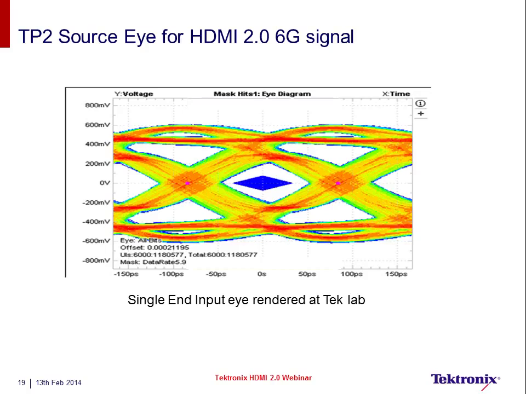The reason for that is we are performing the eye diagram test at the TP2 point with an equalizer in place, and there is no point in having the top and bottom mask because a signal which has a bit of pre-emphasis would get amplified passing through the equalizer and invariably would violate the top and bottom mask. So that's the primary reason why the top and bottom mask have been taken away in HDMI 2.0.